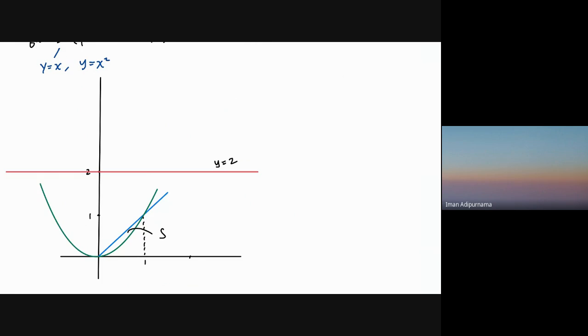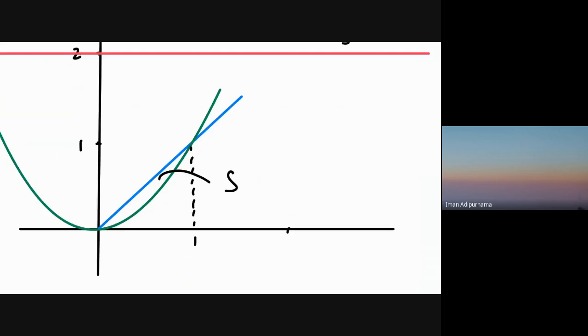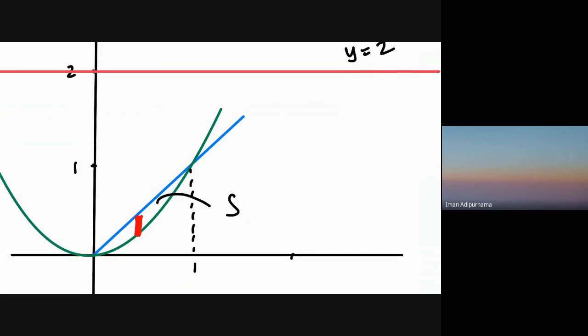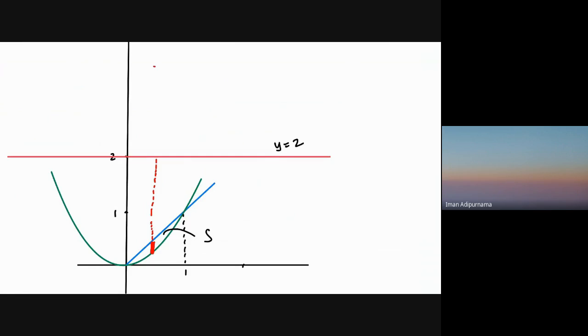Now the rotation is centered at this y equal 2. So we need to rotate from here, rotate to there. So we have a large shape with a hole in the middle.